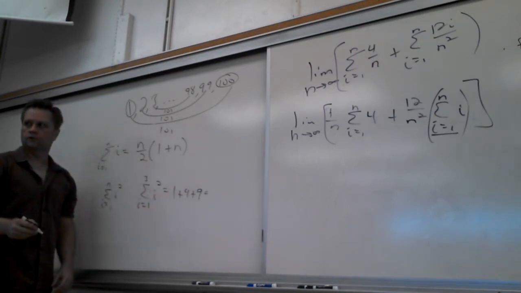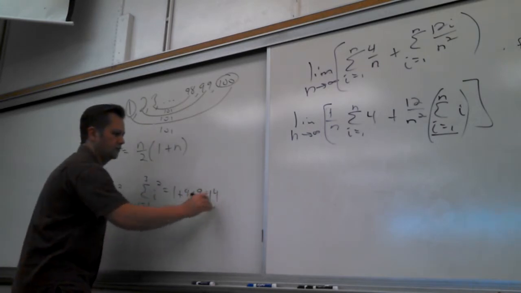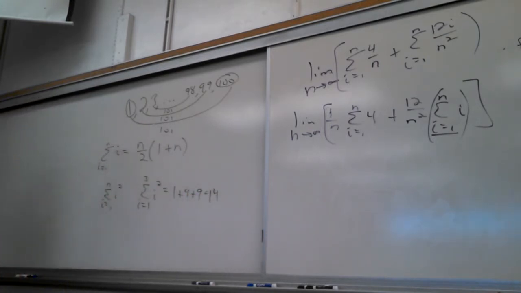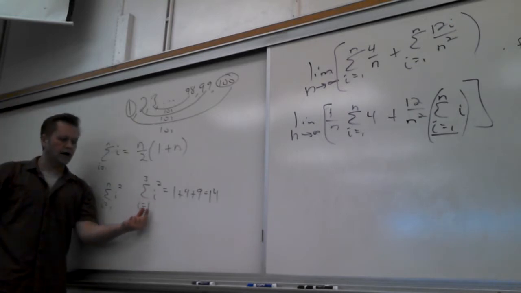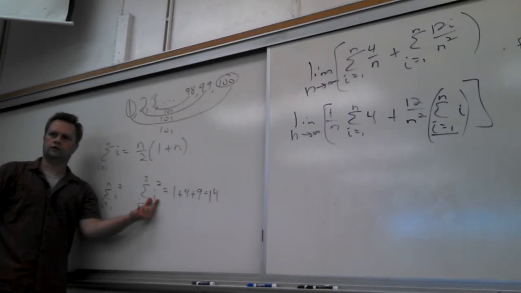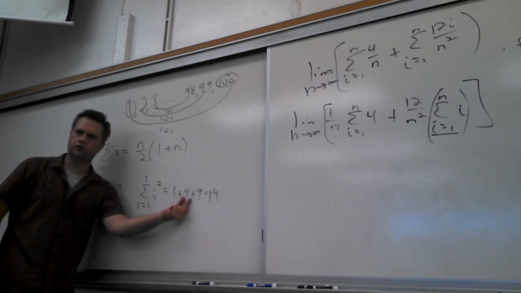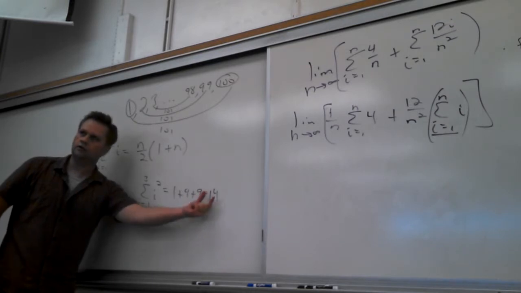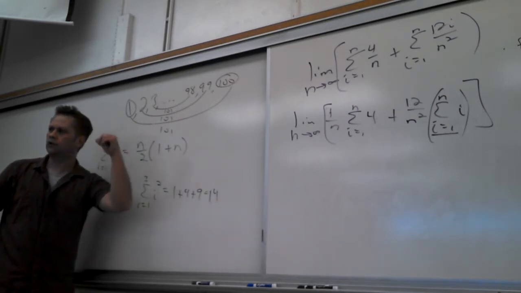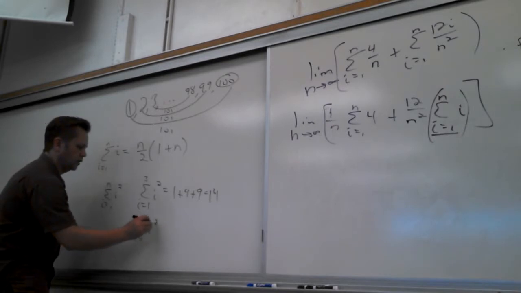And I get 14. You guys understand what's going on here? Let i go from 1 to 3 and add up what i squared is: 1 squared is 1, 2 squared is 4, 3 squared is 9, and then you add them up. That's the idea. So what would the sum of i equals 1 to 3 of i cubed be?